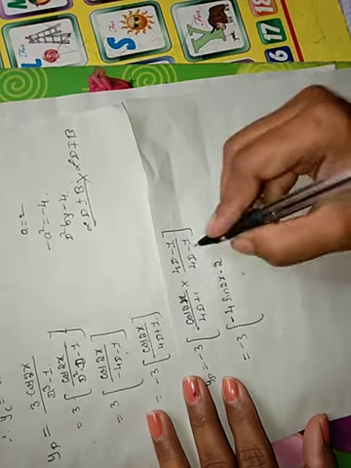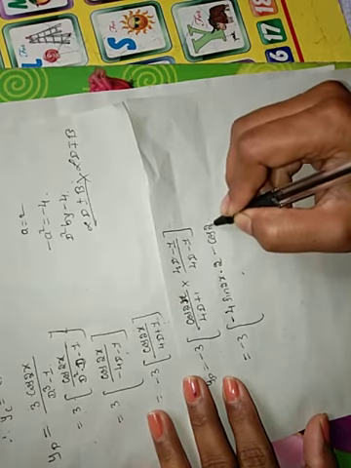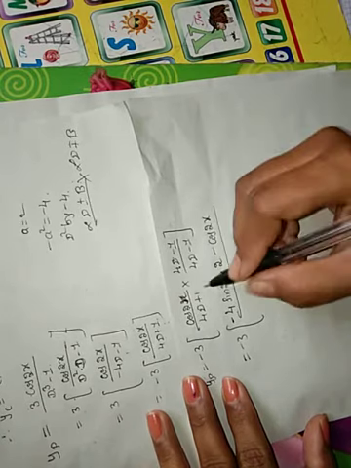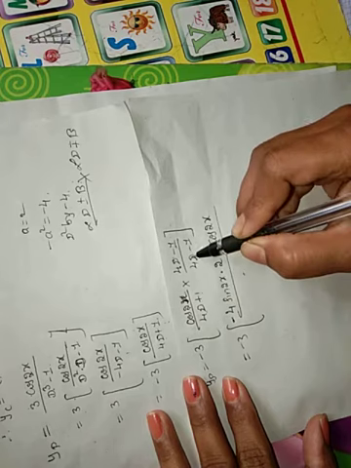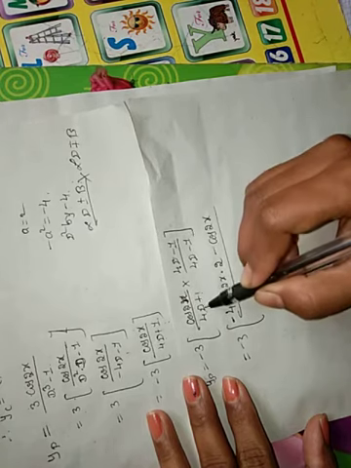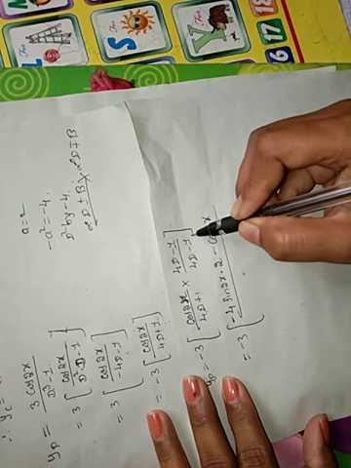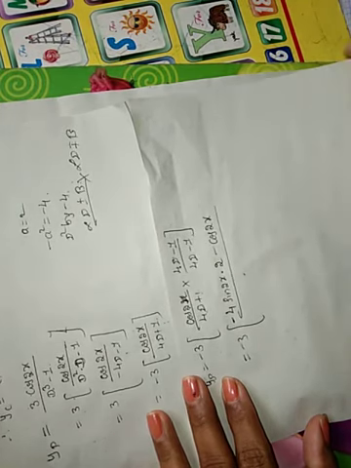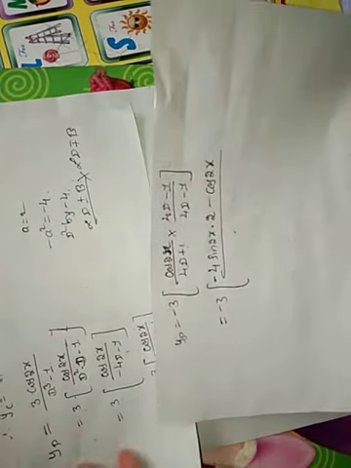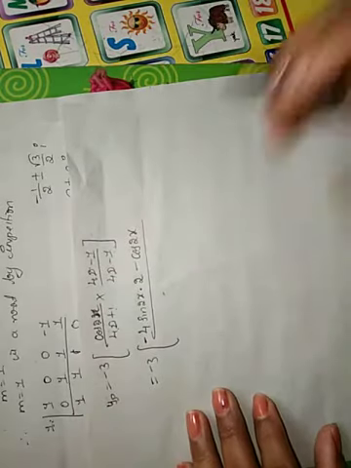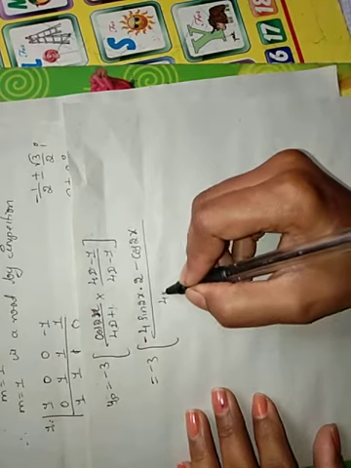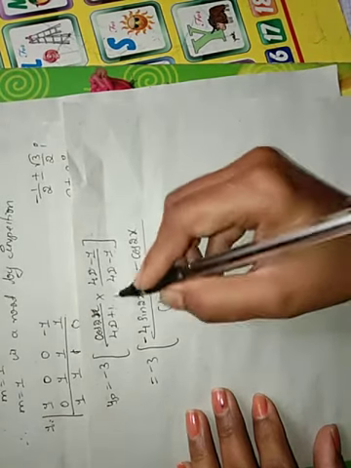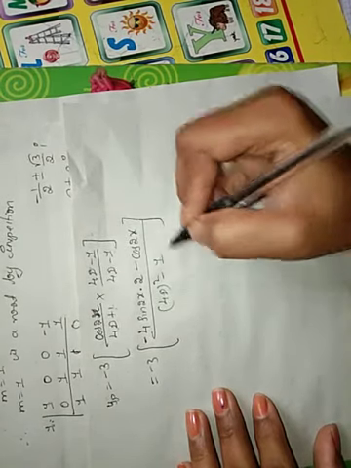Minus 1 into cos 2x, divided by (4D plus 1) into (4D minus 1). That is (a plus b) into (a minus b), which is equal to a square minus b square. So a square is (4D) whole square, minus b square is 1.